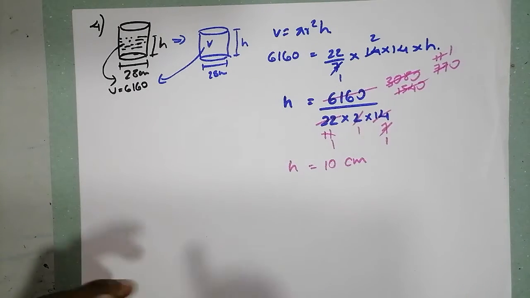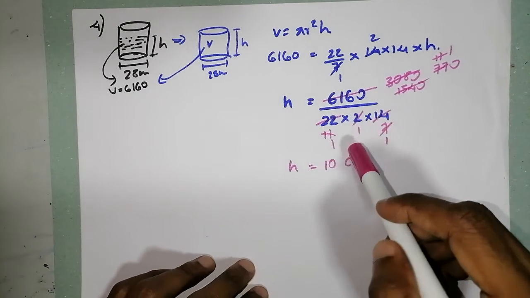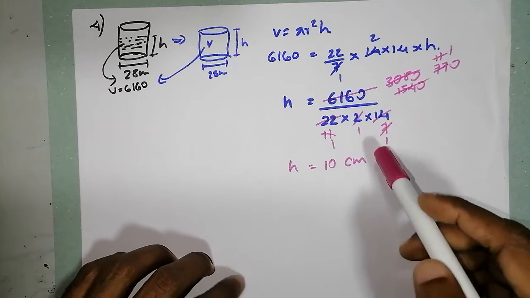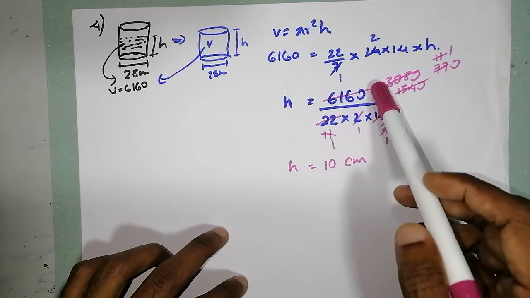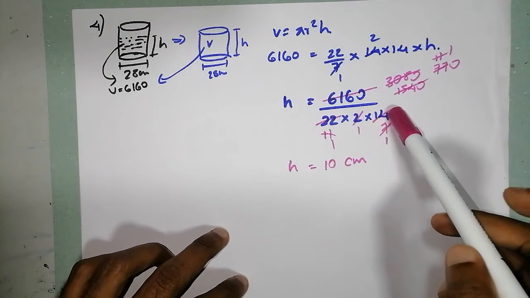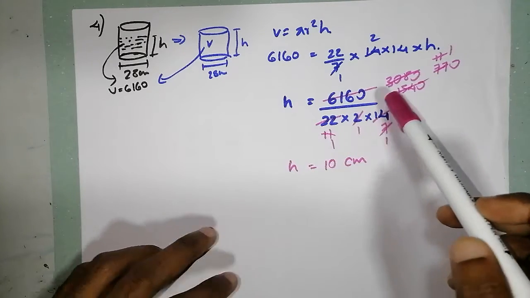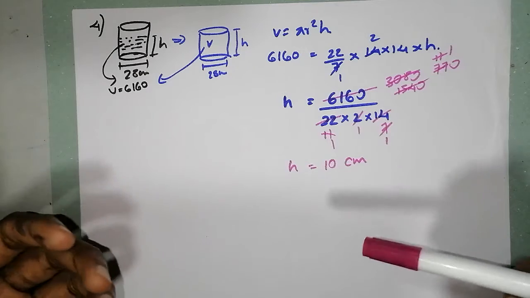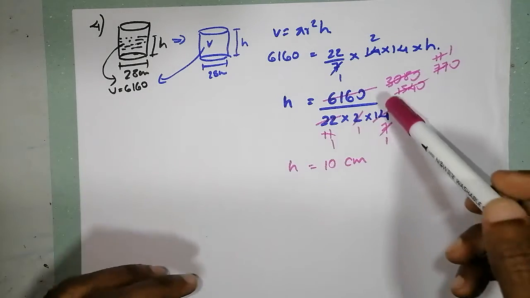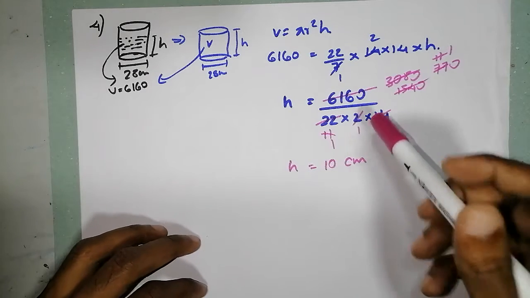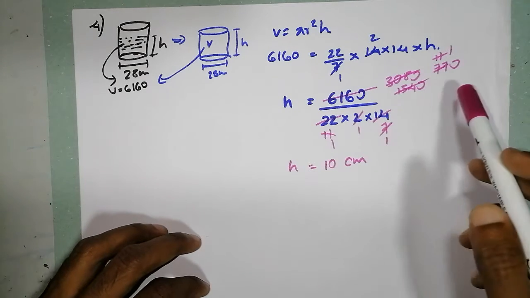So remember this simplification. We are not using a calculator. In our syllabus, we are not using a calculator. So whether it is a large number, a decimal number, or a fraction, don't worry about that. Because we can't use a calculator, the given values must simplify easily.